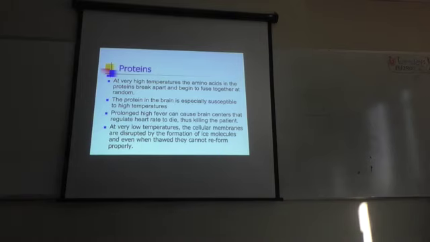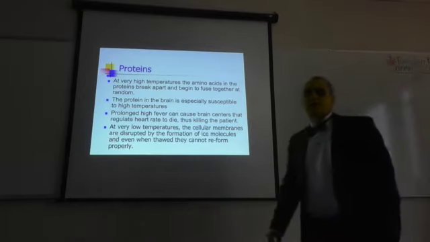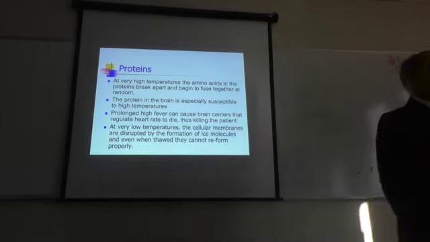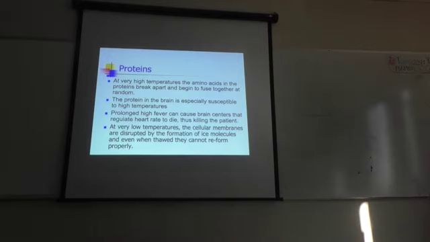At very high temperatures, the amino acids in the proteins break apart and begin to fuse together at random. The protein in the brain is especially susceptible to high temperatures, and this is the reason why we try to control fevers. You can destroy brain cells. Those brain cells will never be the same. It's one of the reasons why we don't give people aspirin anymore, especially kids.